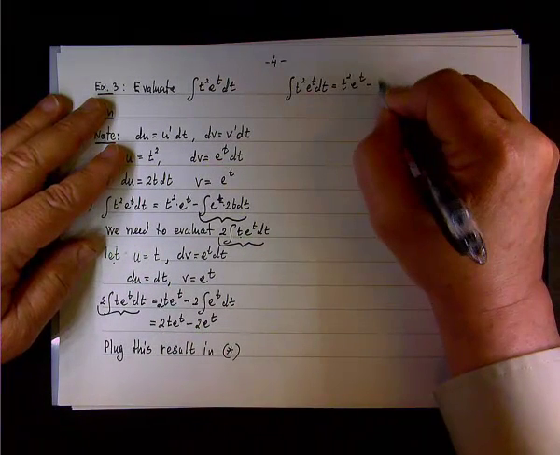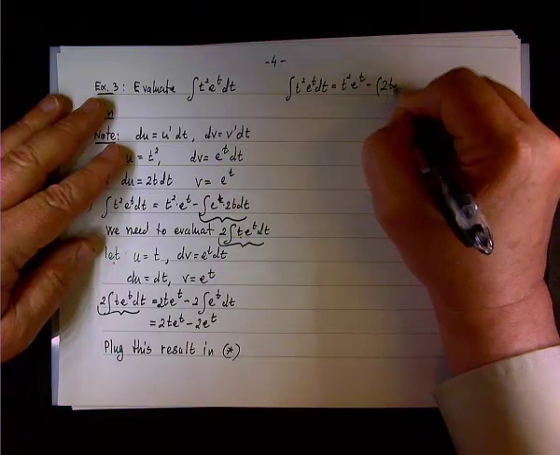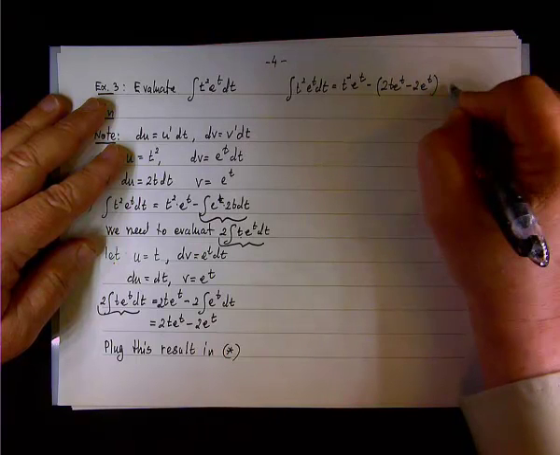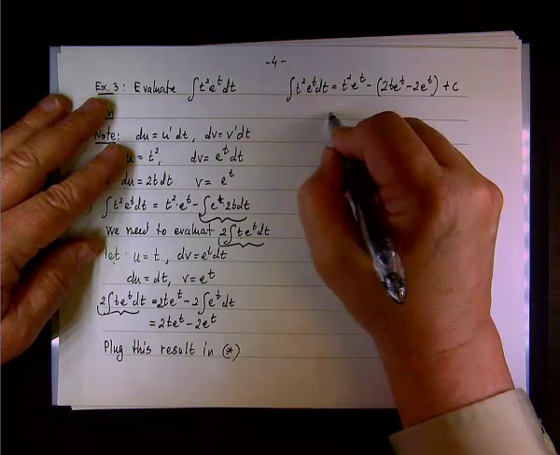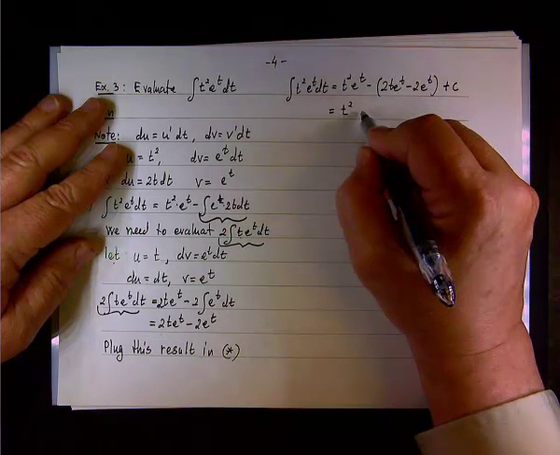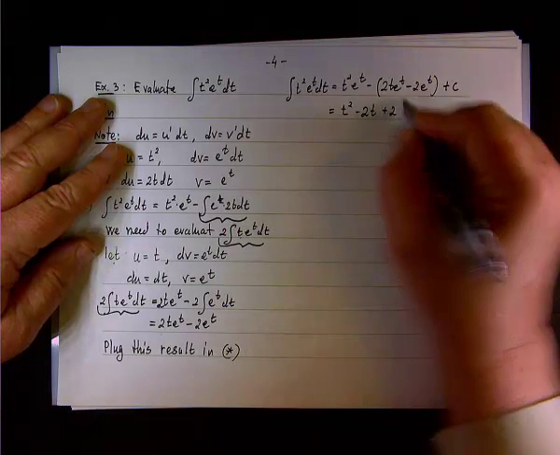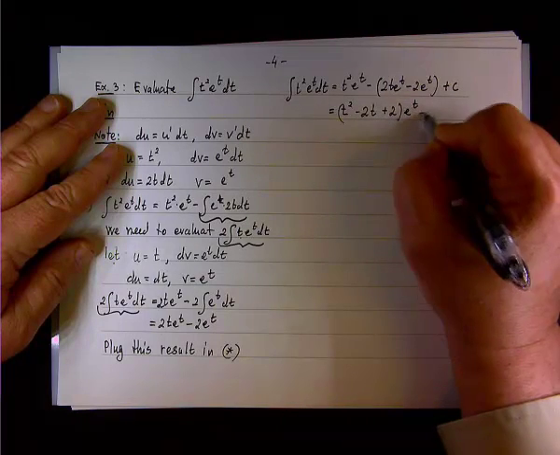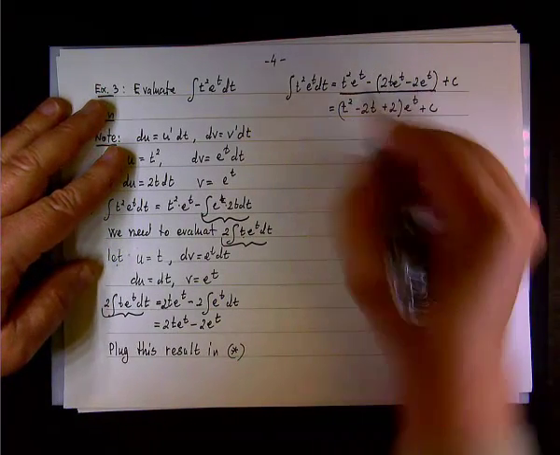So we have minus 2t e to the t minus 2 e to the t, and then plus c, and we see that we have a common factor e to the t, so we'll factor it out, and we have t squared minus 2t plus 2 after clearing the parentheses, times e to the t plus c.